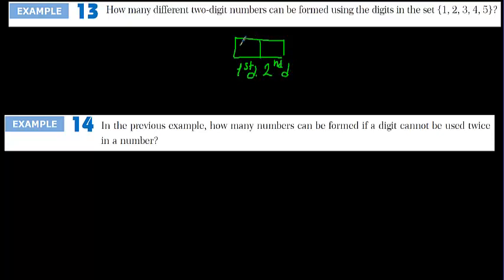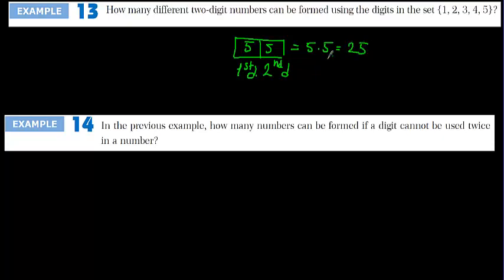For the first digit, how many different numbers can I write? I can write 5 different numbers. And for the second digit, again I can write 5 different numbers because there are 5 numbers here: 1, 2, 3, 4, 5. The answer is going to be 5 times 5, which is equal to 25.